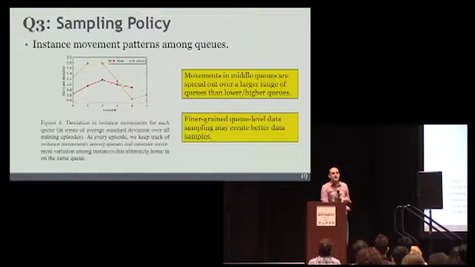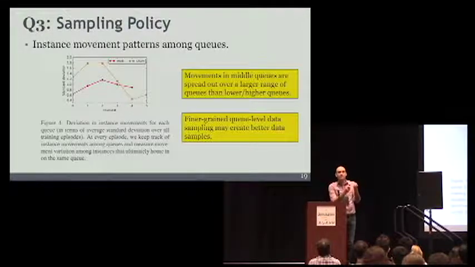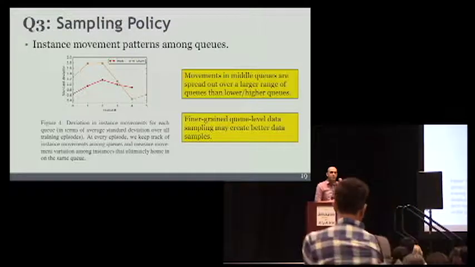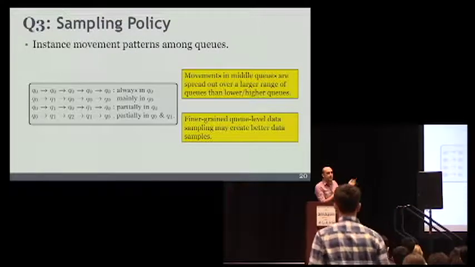Given that most of the queues that most improve the performance of the model are from the middle to higher queues, this explains why we can further look at these queues to do fine-grained sampling to further improve the performance of the model. Here is a running example.